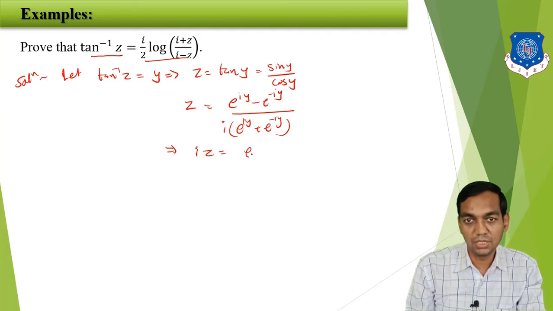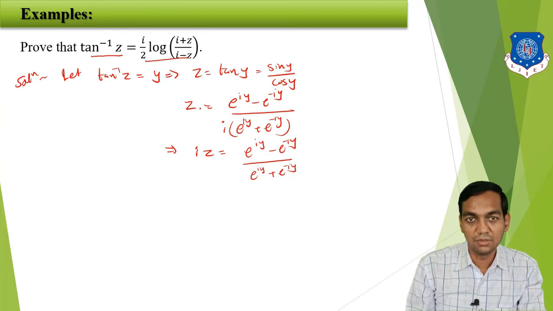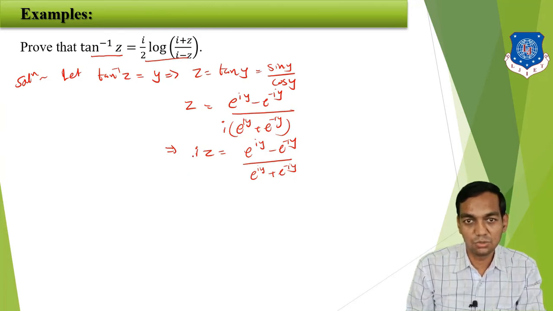is equal to e raised to iy minus e raised to minus iy upon e raised to iy plus e raised to minus iy. Here we required in a form of z, so instead of iz, I am going to write this as z upon minus i, e raised to iy minus e raised to minus iy divided by e raised to iy plus e raised to minus iy.